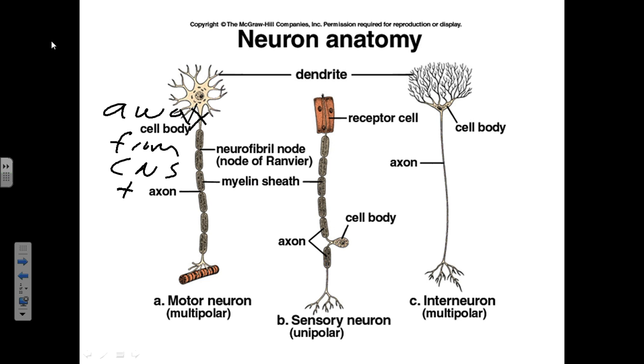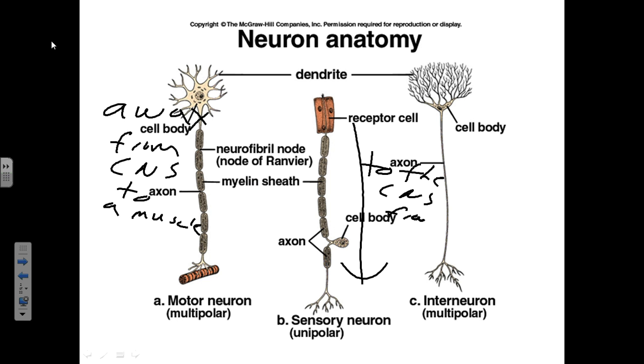To a muscle. And sensory go just the opposite. They're taking information to the CNS from, it's usually some kind of sensory receptor, like a touch receptor in your finger or a cell in your retina. So to the CNS from a receptor.